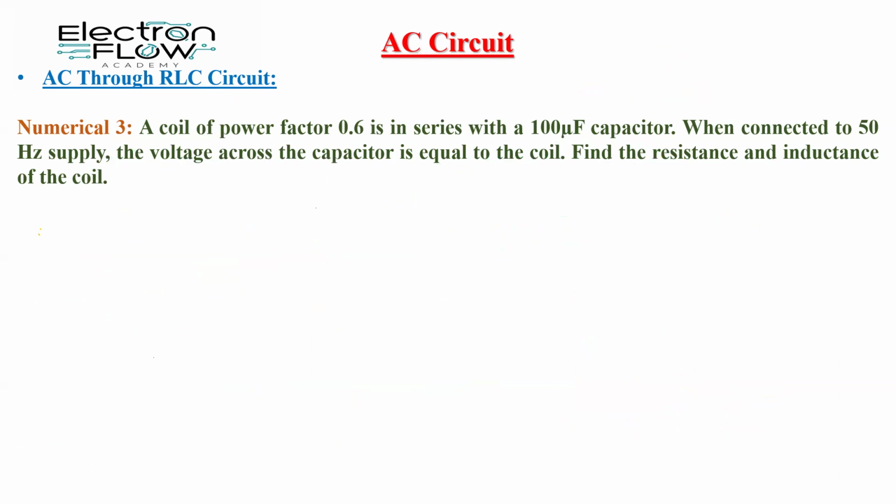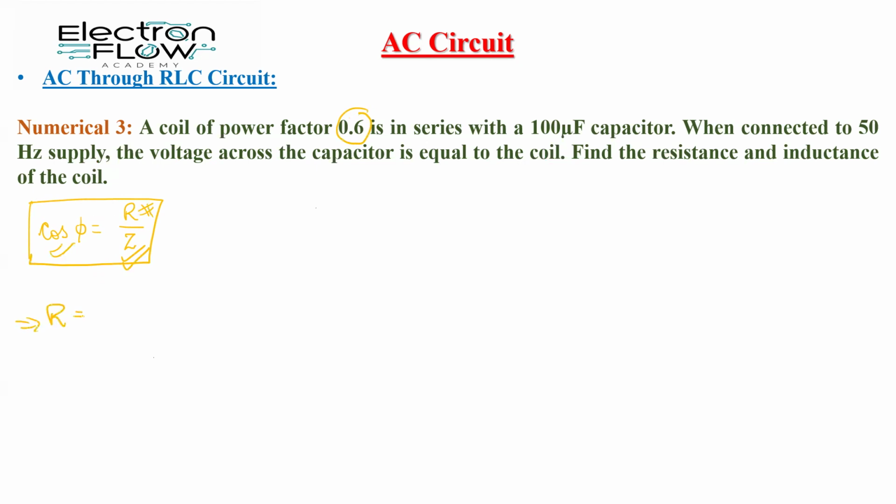We know that the power factor cos phi is equal to the ratio of resistance to impedance. We are using this expression because the power factor is given to us and we have calculated the value of Z. So from this expression, we can calculate the value of resistance.